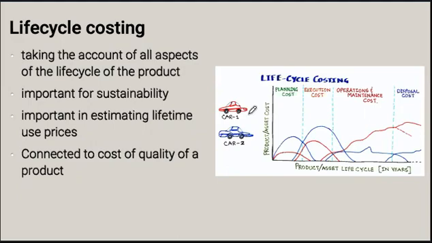But nonetheless, over the life cycle of the product, it might make a sufficient difference in order to influence the customer decision. And I mentioned here that it's connected to the cost of quality, because to achieve the quality that will be sufficient and satisfactory to the customer throughout the life cycle of the product or service, the cost might be prohibitive.